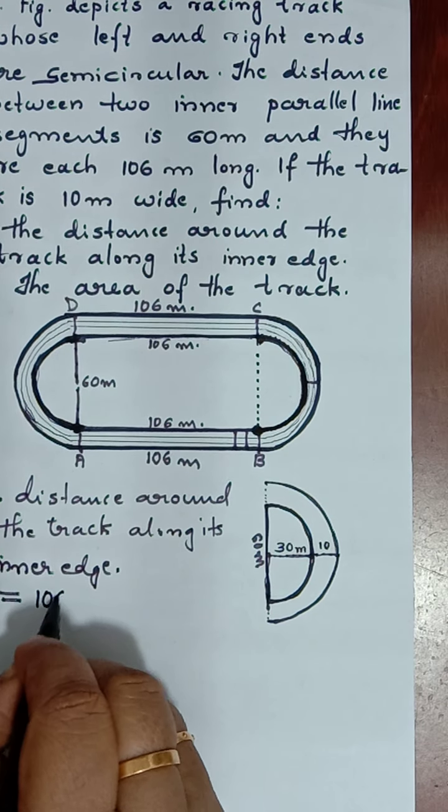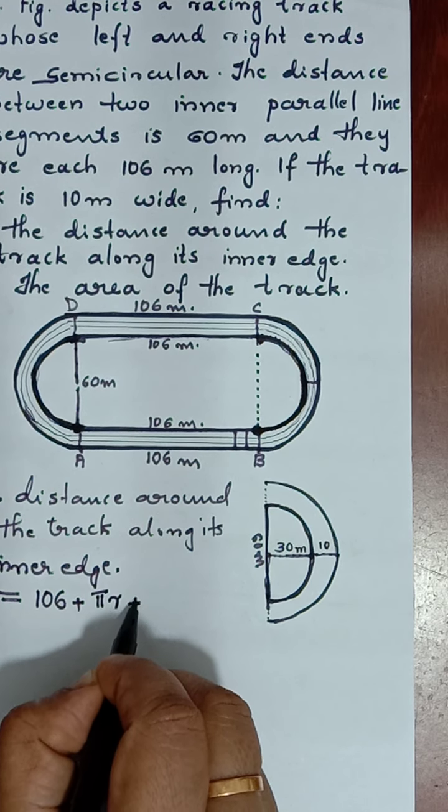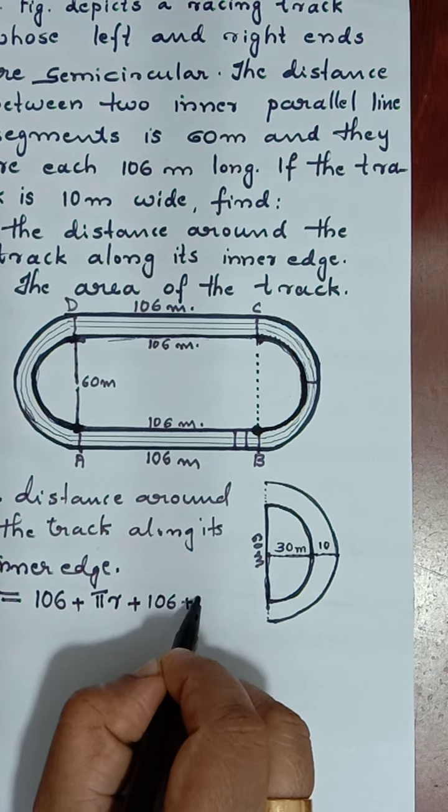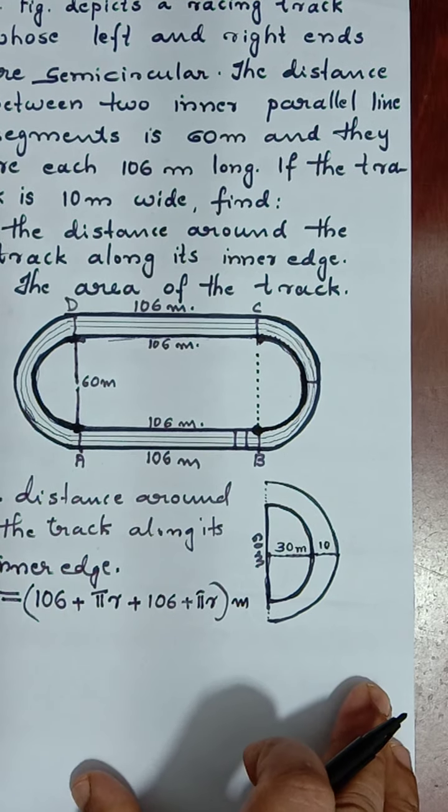So 106 plus, 2 pi r's half is pi r, plus 106 plus pi r. As it is length, the unit is meter.